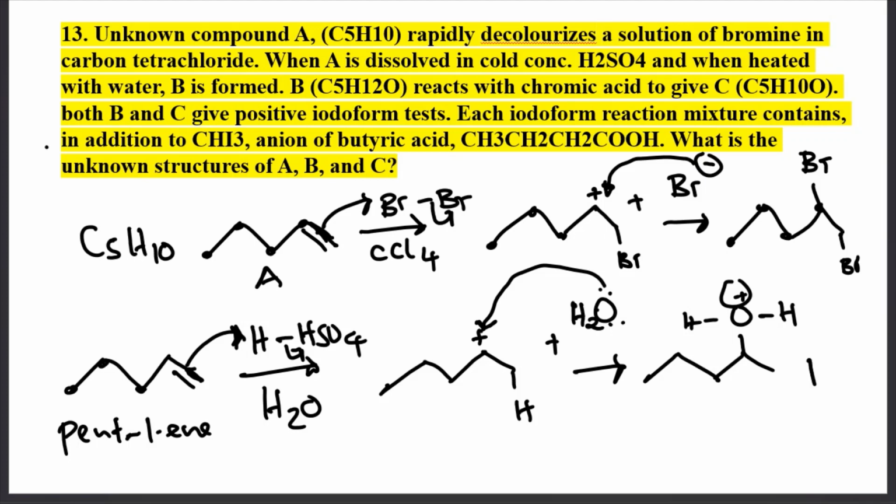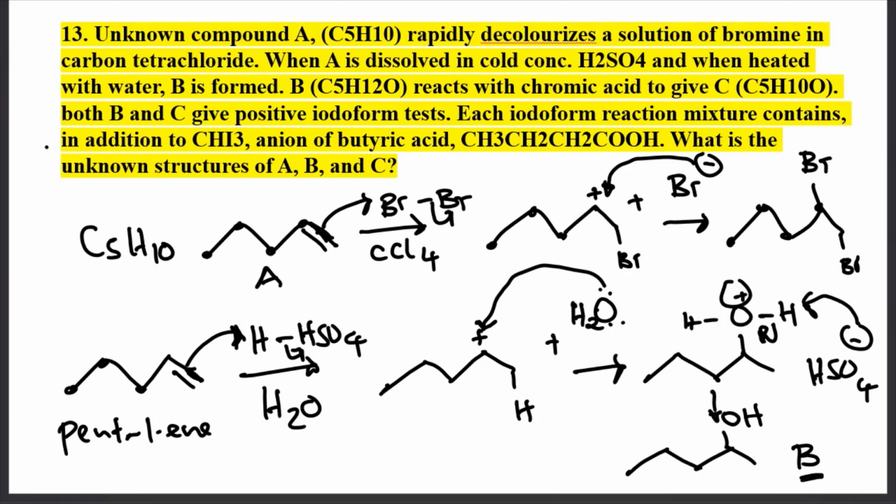And then this one that was in solution will come and get the hydrogen. So you form this compound. You form an alcohol. So this alcohol here is the B that they're talking about. This one. It has 5 carbons.